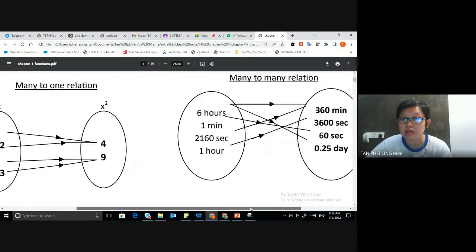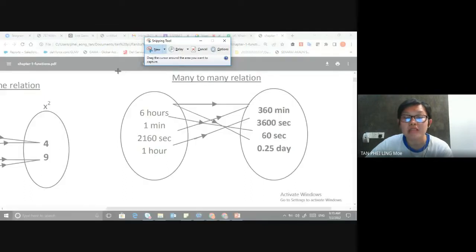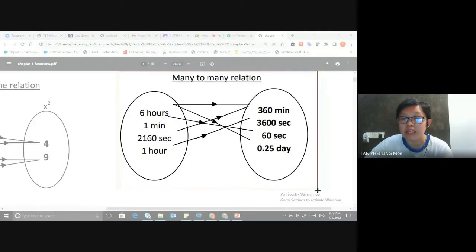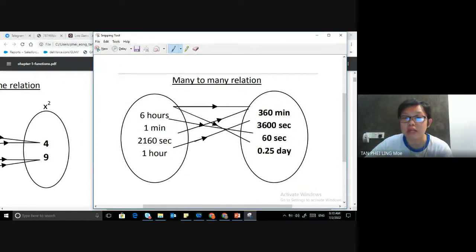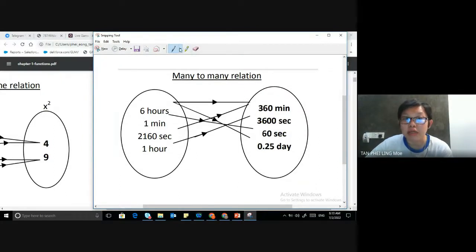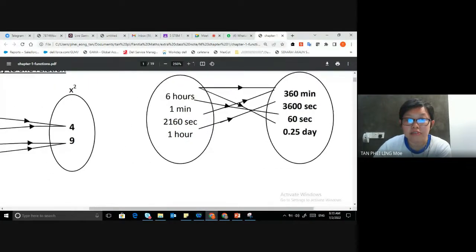And then last but not least, you have this many-to-many relation. So how do you get to many-to-many? Sometimes students will tell me that it is one-to-many, or it is many-to-one. Basically, when you have this one, I have a blue pen here.